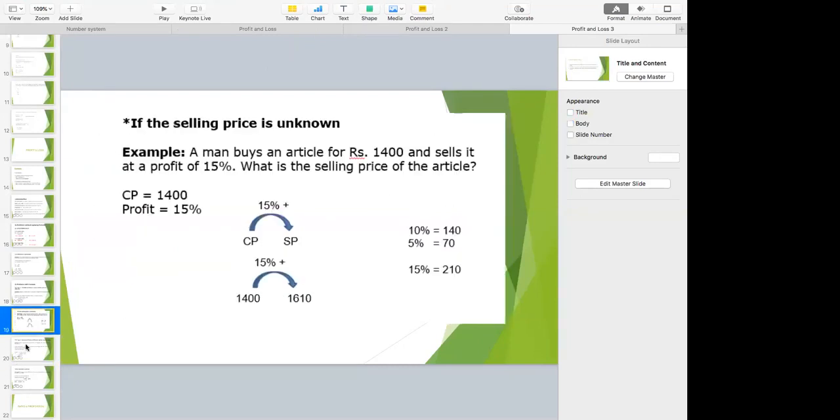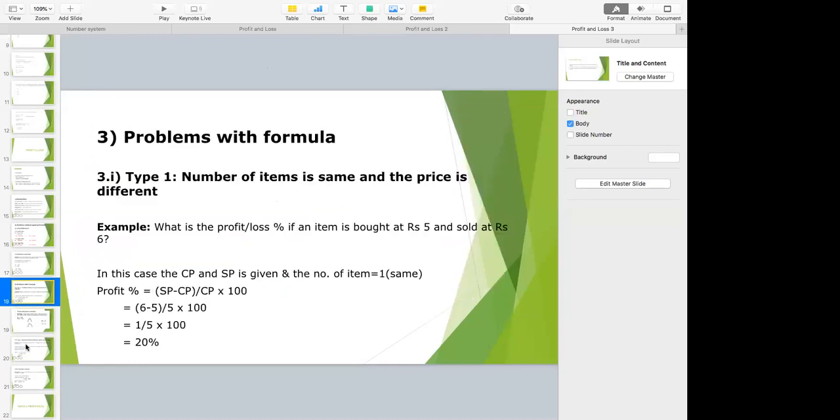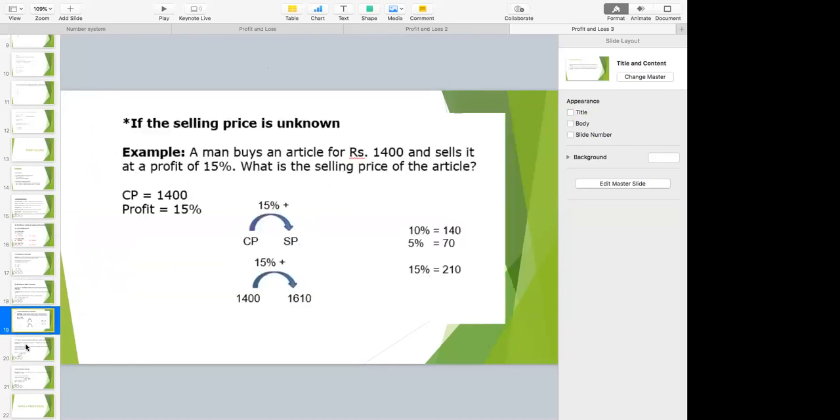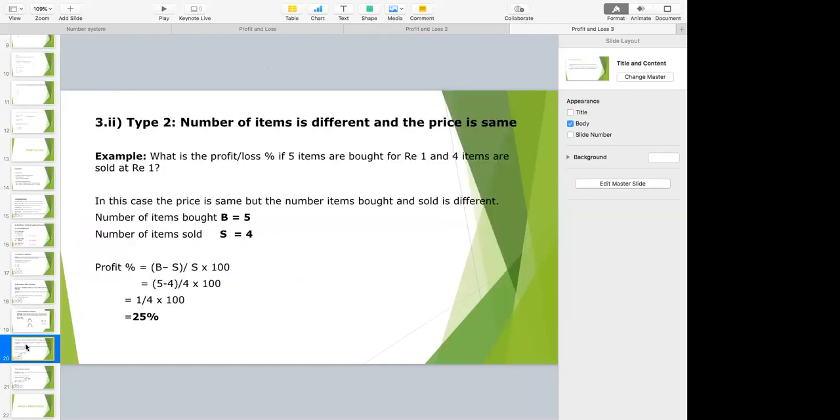Now in type 1, we saw that the number of items needs to be the same and the price is different. In the second scenario, we saw that the number of items is different and the price is the same. So the last scenario which is left is where the number of items are different and the prices are also different.